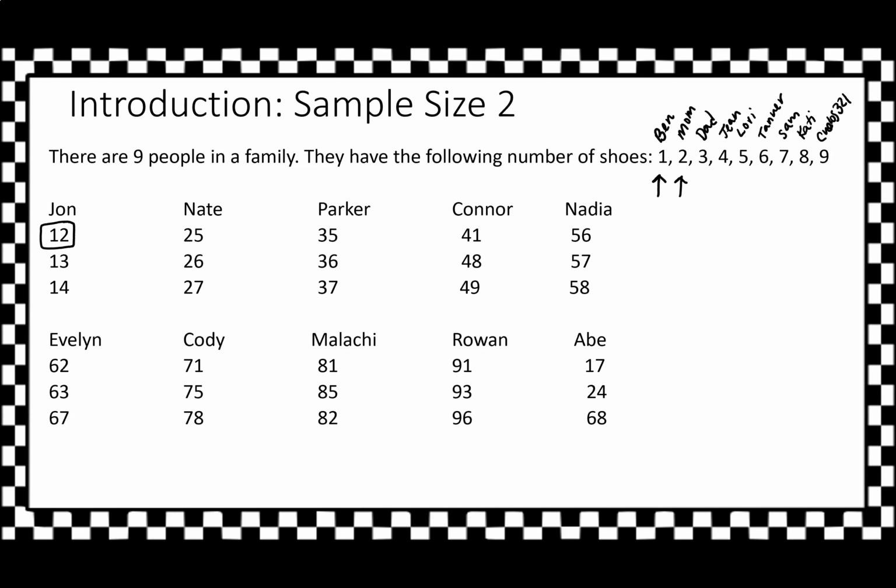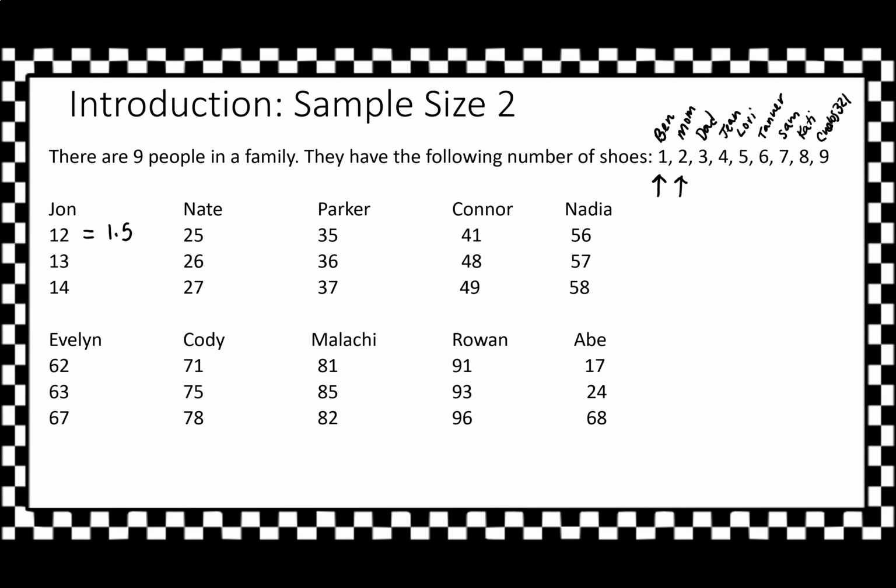And Ben had 1 pair of shoes and Mom had 2 pairs of shoes. So his sample size was 2. Okay, so he has a sample size of 2. And what's the average there? Well, when he sampled 2 people, 1 plus 2 is 3. 3 divided by 2 is 1.5. So he sampled 2 people, specifically Ben and Mom. And when he sampled those 2 people, he got an average of 1.5.